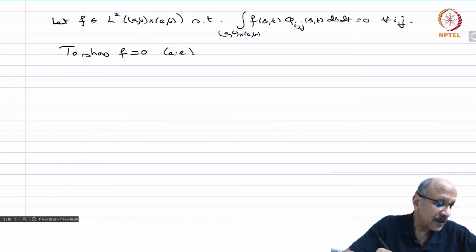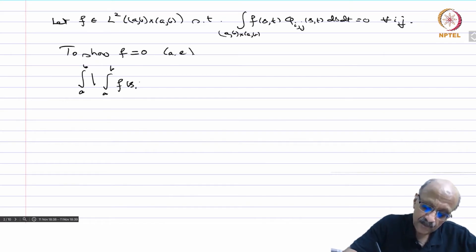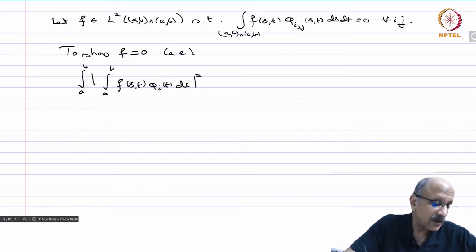So let us take integral a to b of mod integral a to b f(s,t) phi i(t) dt, square, ds.